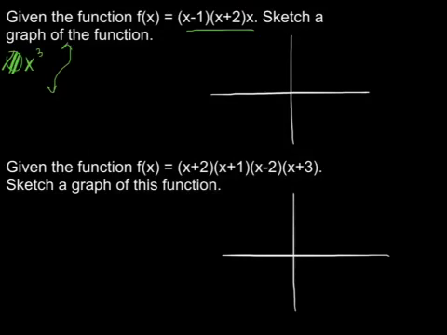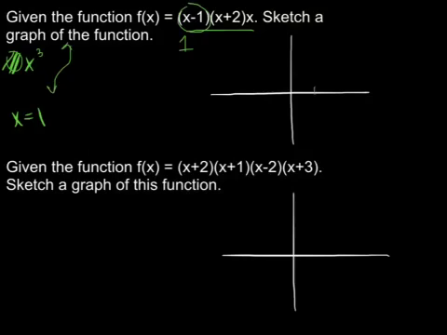So the first root you should see, if we look at the first factor, is going to be 1. Why is that? Well, if I were to plug in 1, this whole factor, x minus 1, would be 0. So I would have 0 times 3 times 1, and that will be 0. So that's going to be a root. So I have one at 1.